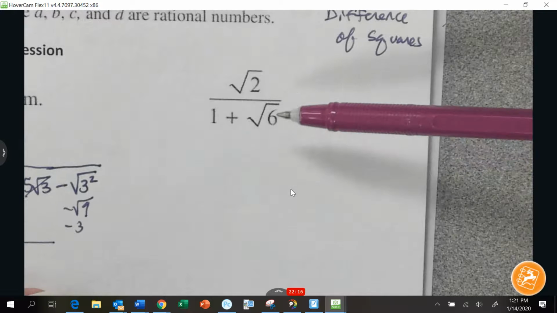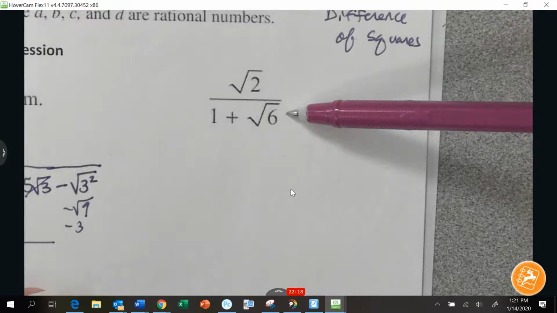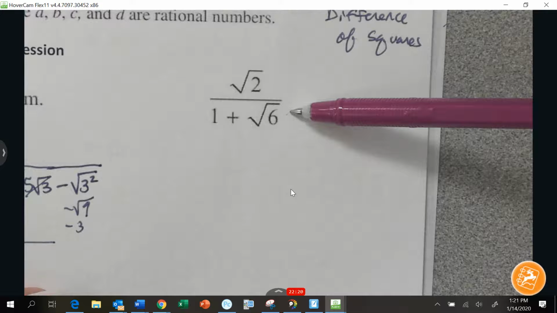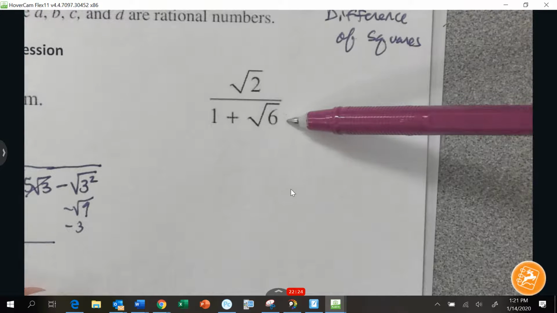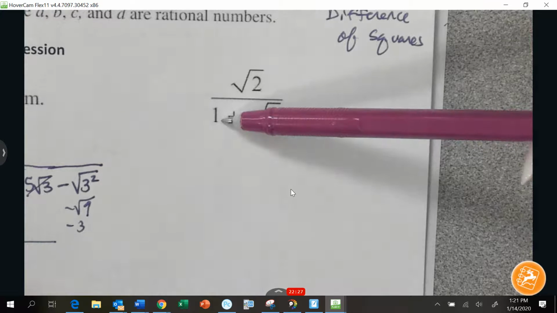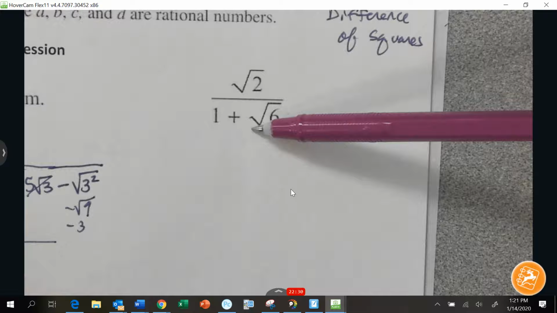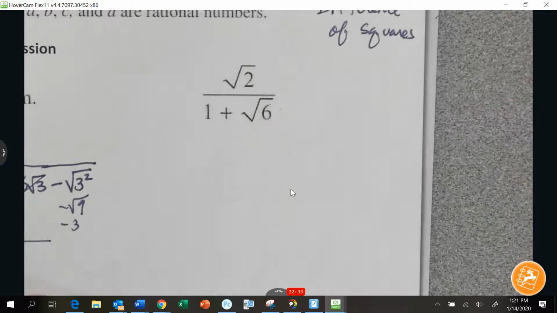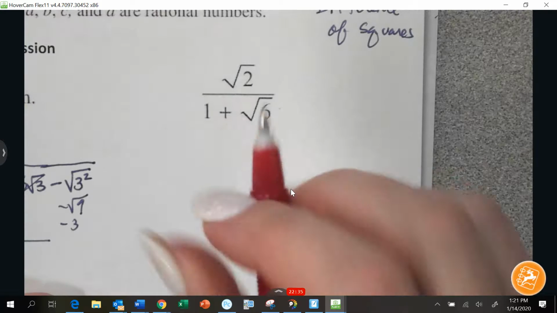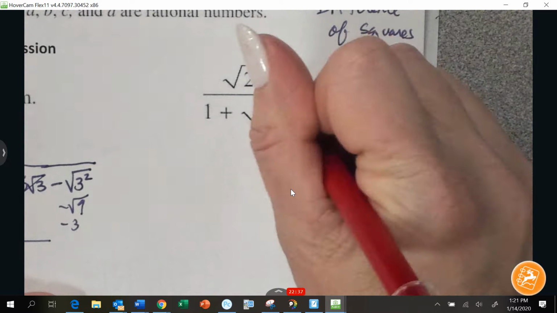We see a radical in the denominator, which means it's not simplified. And then we say, does he have friends? Did that bring friends? Yeah, the radical in my den. We need to exterminate this radical rat in the den.